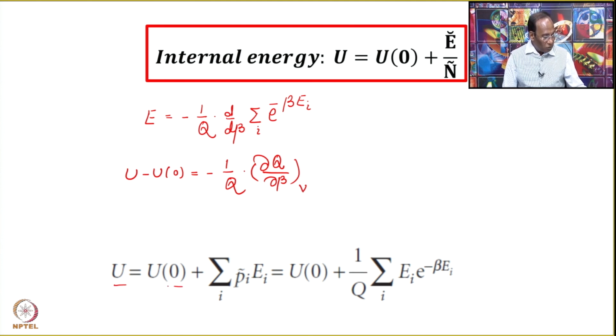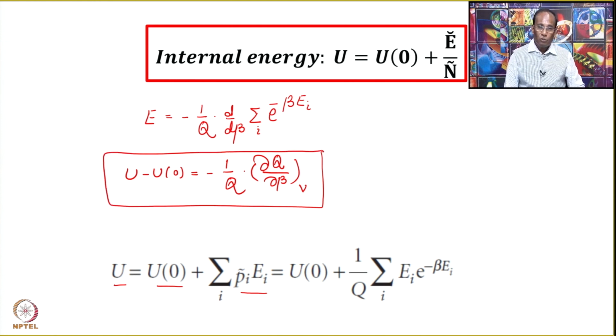We just express U is equal to U0 plus summation i Pi Ei, and then Pi we expressed in terms of 1 by Q and exponential minus beta Ei, and then we consider the derivative of exponential minus beta Ei, we arrive at this expression.